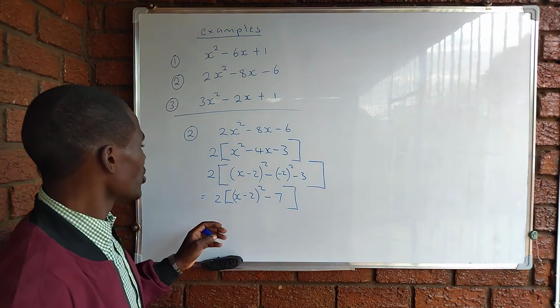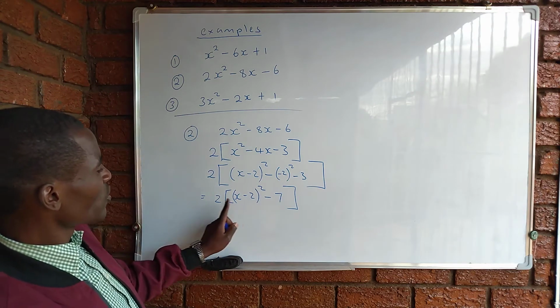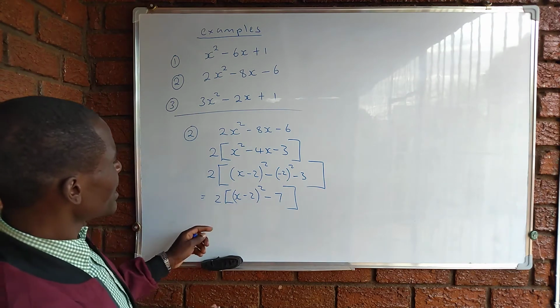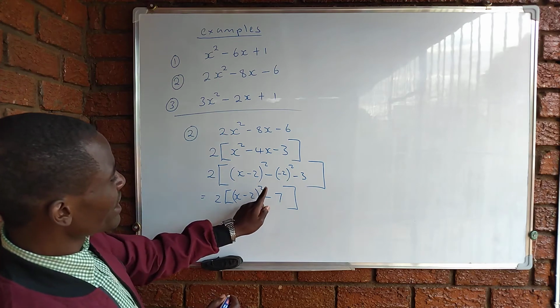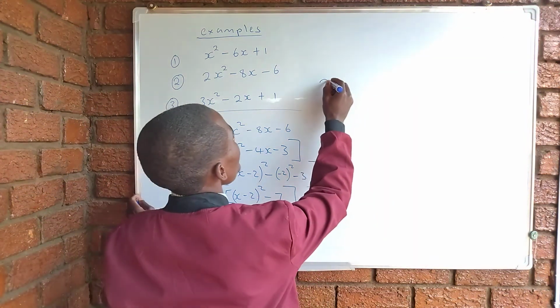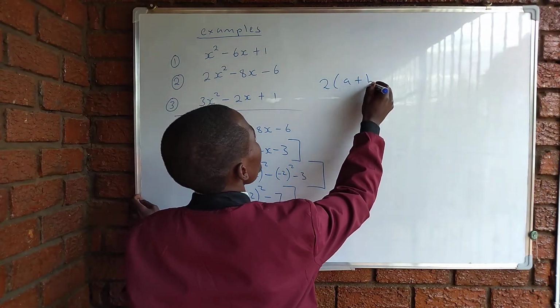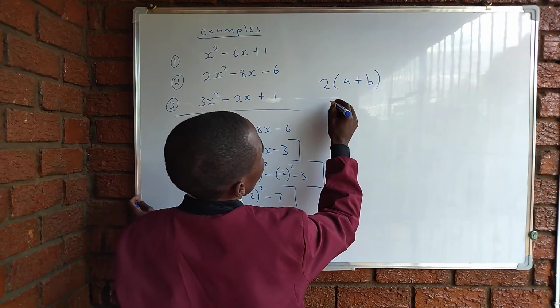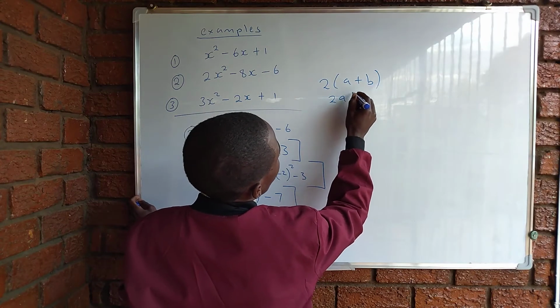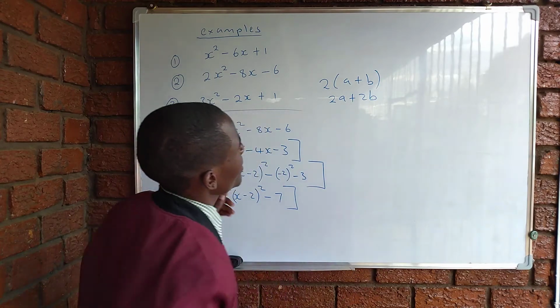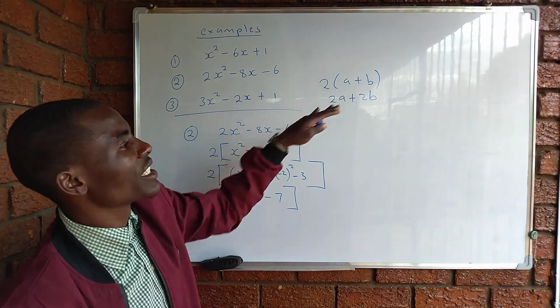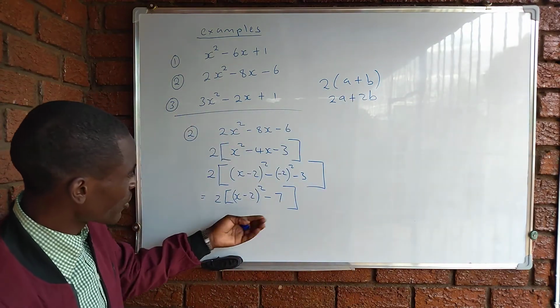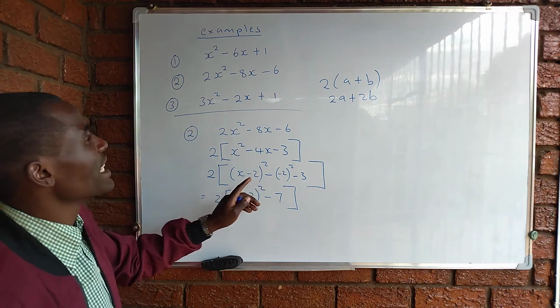So now we want to expand. We want to bring the 2 inside. When bringing 2 inside, treat x minus 2 squared as a. For example, 2 times a plus b, we expand as 2a plus 2b. Right? So we expand our bracket as usual. So here you just treat x minus 2 squared as a.